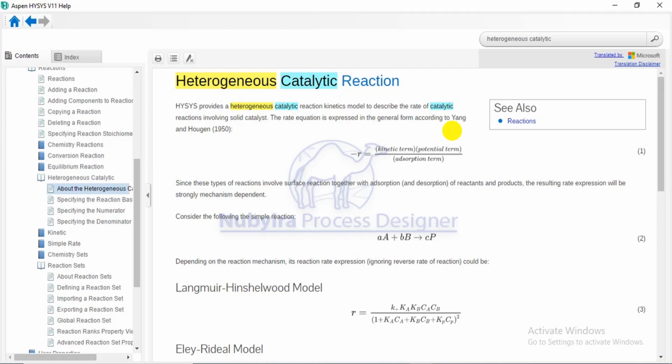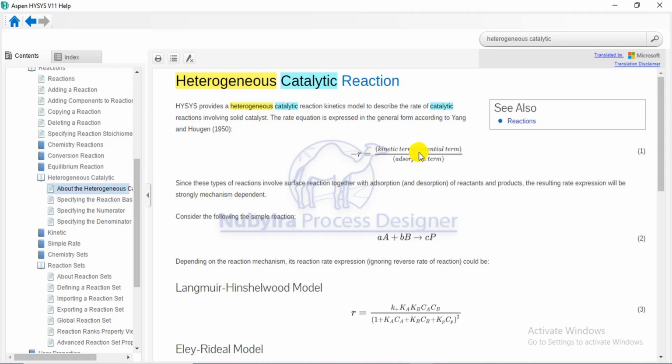Now this particular model takes this general form on my screen: minus R is equal to the kinetic term multiplied by the potential term all over the adsorption term. The minus R represents the rate of the reaction.